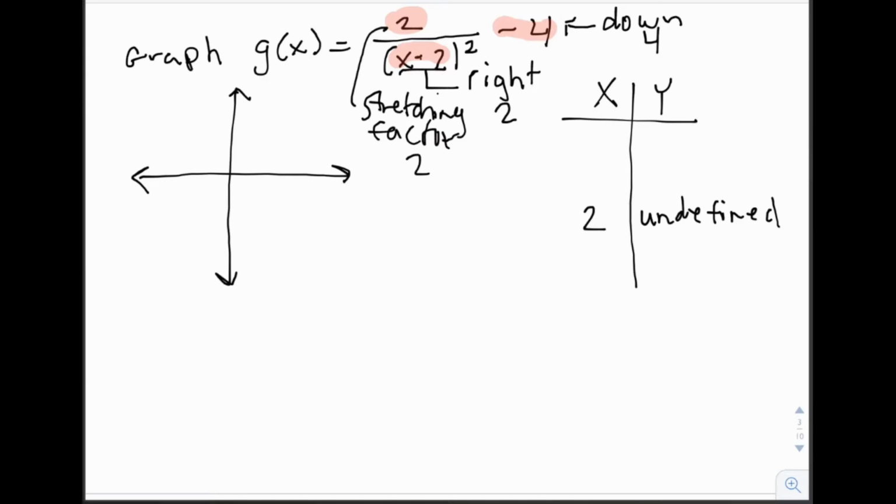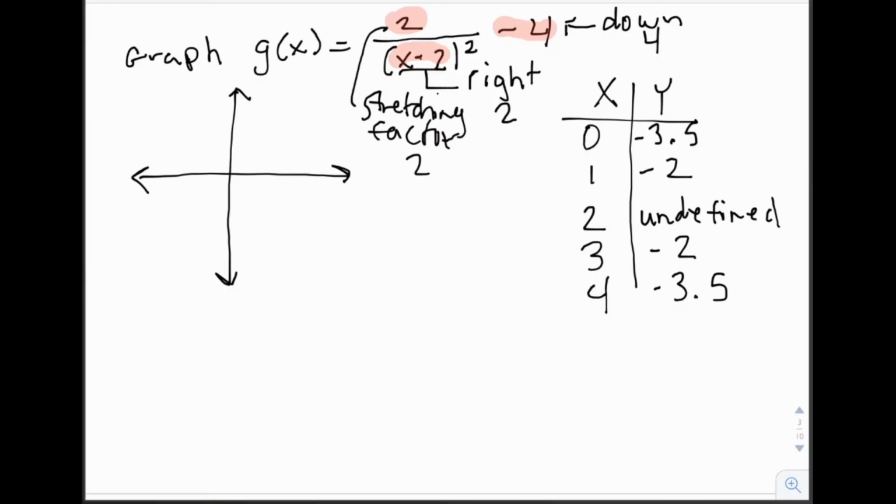Additionally, we'll have a 1 and a 0, and we will have a 3 and a 4. The 0 will give us a negative 3.5. The 1 will give us a negative 2. The 3 will give us a negative 2. And the 4 will give us a negative 3.5.